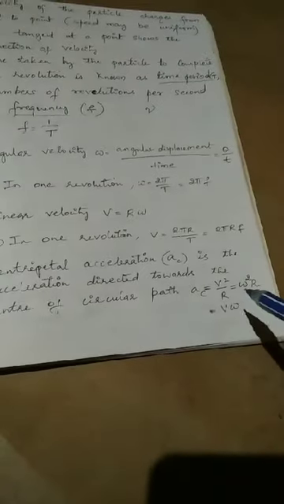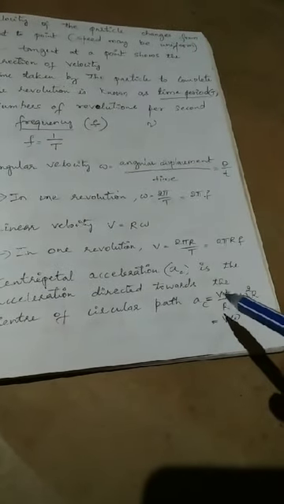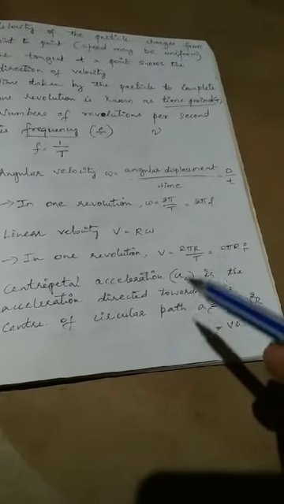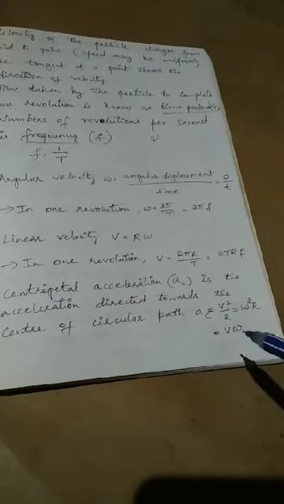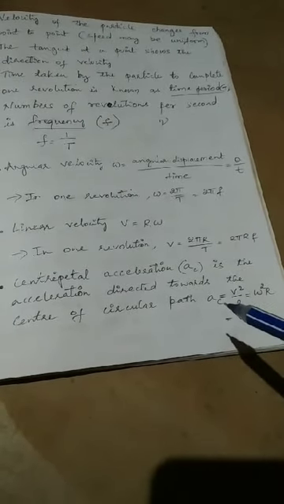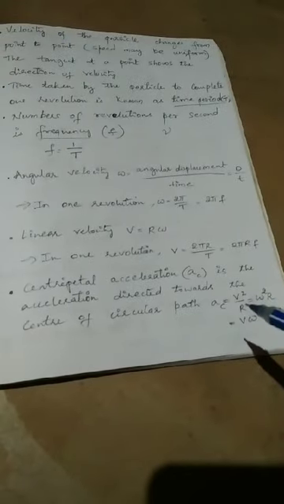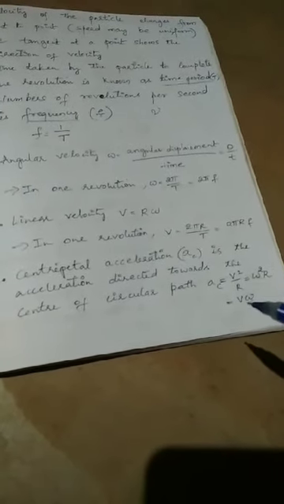This is given by V square by R, where V is the linear velocity and R is the radius. So omega square into R, that is equal to V omega. So three equations you have: AC equal to V square by R, AC equal to omega square R, or AC equal to V into omega.